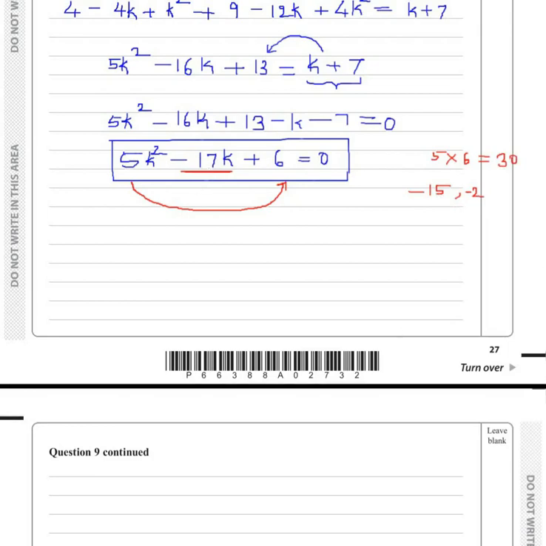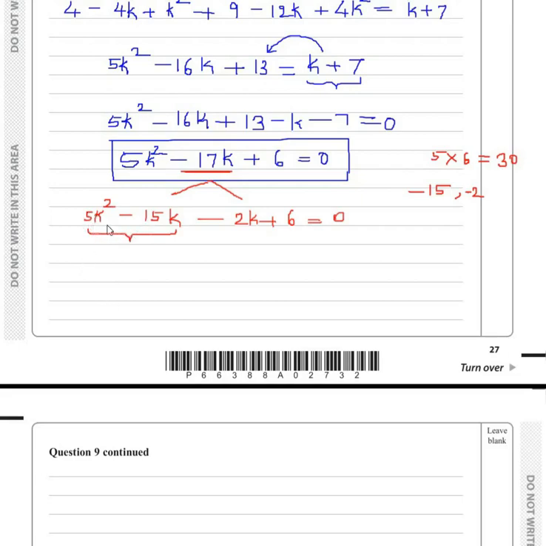So we are going to write it as 5k square minus 17k splits up as minus 15k and minus 2k plus 6 equal to 0. Now let us factorize the first two terms.